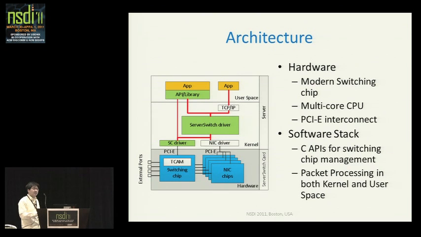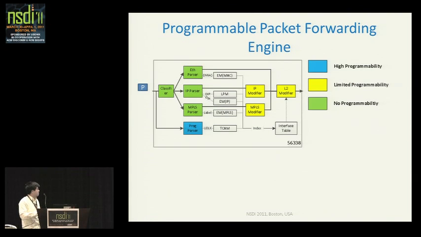If the processing overhead is not a concern, for example, for control plane messages, we can deliver the messages to user space and write user applications to process those packets. Next, I will further describe the programmable forwarding engine in the modern switching chip and the APIs.